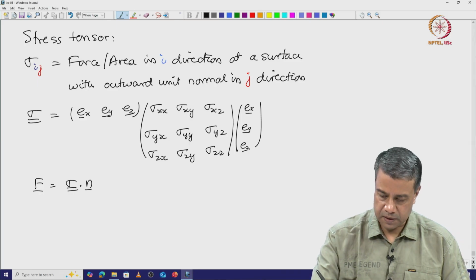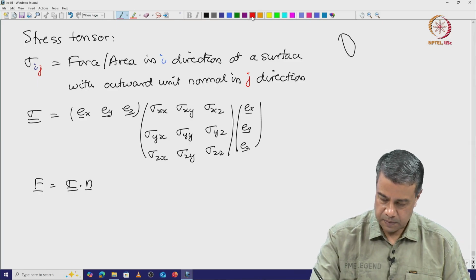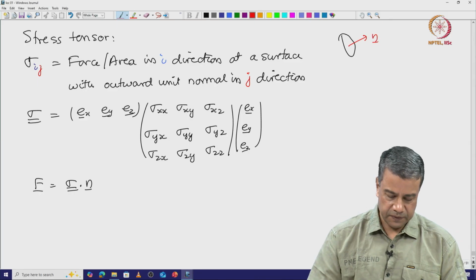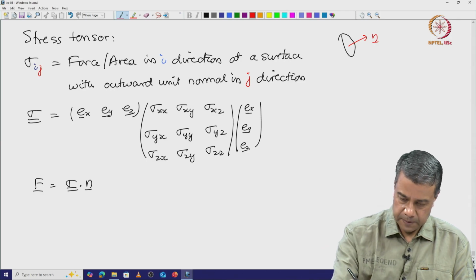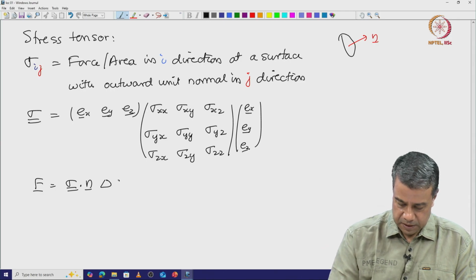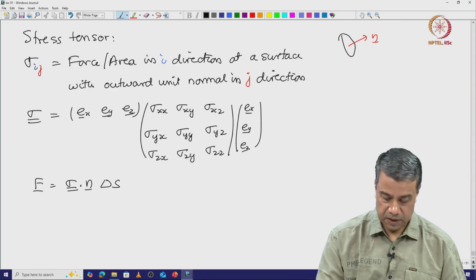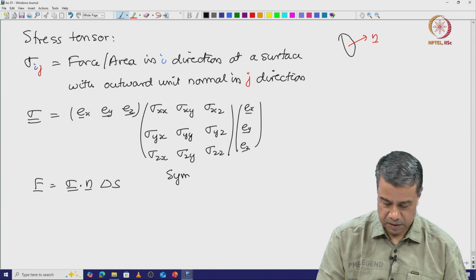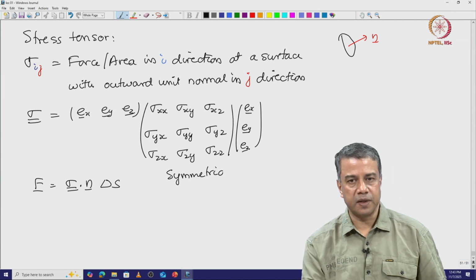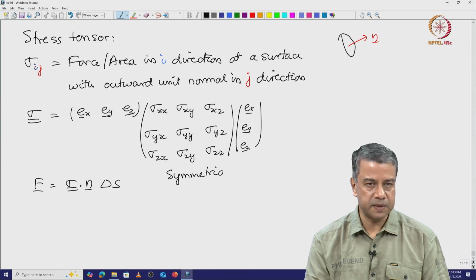So, force at a particular surface with unit normal n is defined as sigma dot n times delta s. Okay. Angular momentum balance, I had shown you that this stress tensor has to be symmetric.